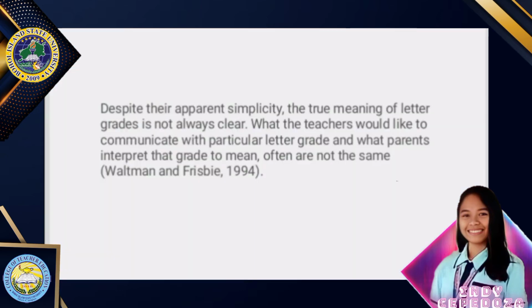Despite their apparent simplicity, the true meaning of letter grades is not always clear. What the teachers would like to communicate with a particular letter grade and what parents interpret that grade to mean often are not the same. Waltman and Frisbee, 1994.